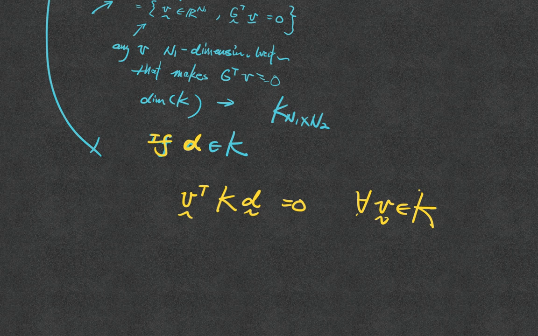D and V are not necessarily the same vector, but both are in the kernel.